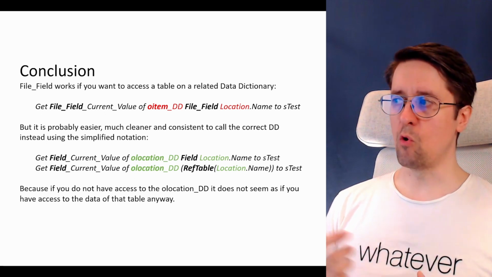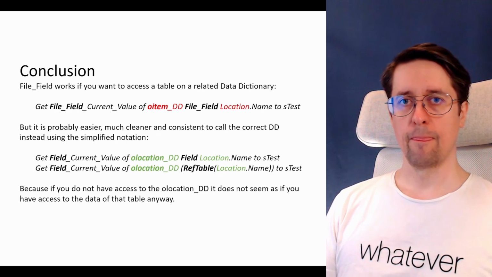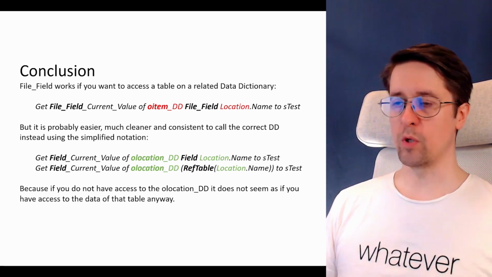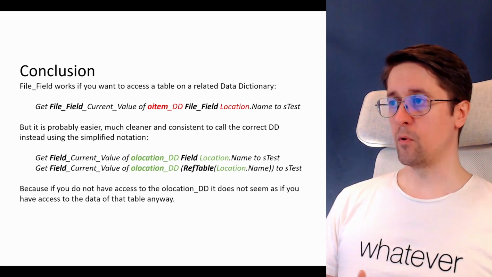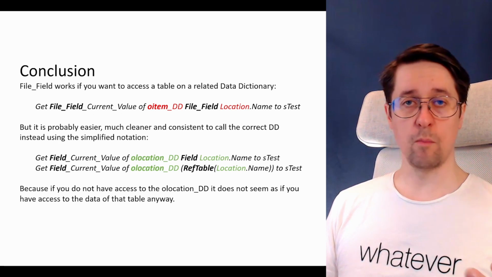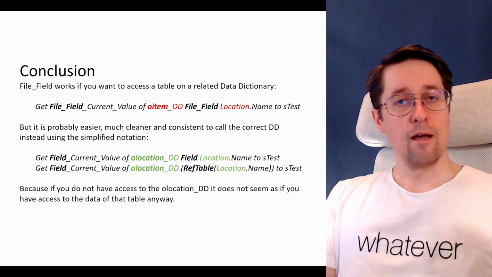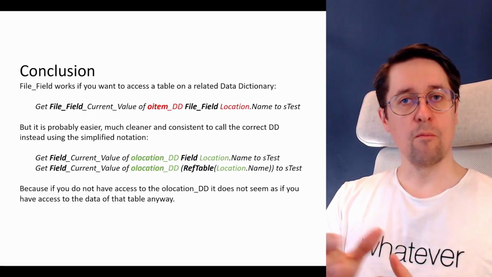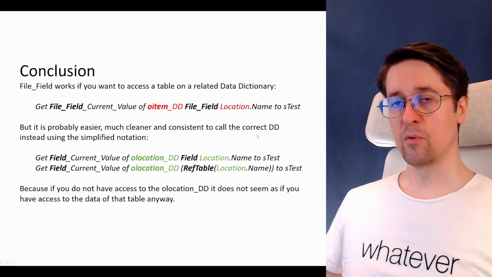But when you know what data dictionary you are accessing and you hard code it into the application, I see no point in using the file field current value. But you might have some other experience that you are free to share in the comments below to enlighten us. That would be great.